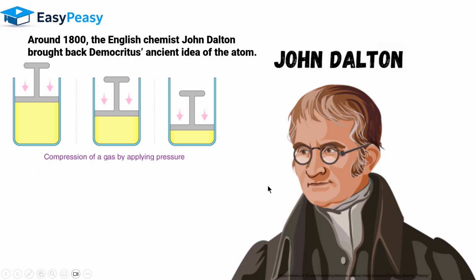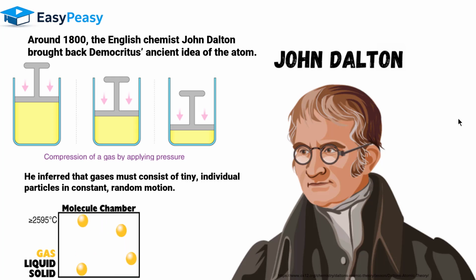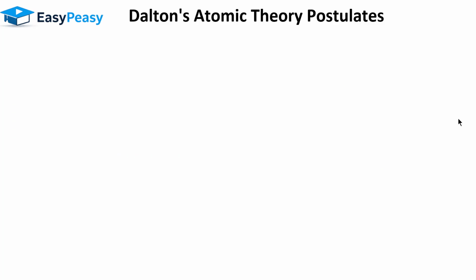He was working on compressing different types of gases and checking their pressures, and then he got some idea about atoms. He inferred that gases must consist of tiny individual particles that are in constant motion. That's how we reached the Dalton's atomic theory that we have.